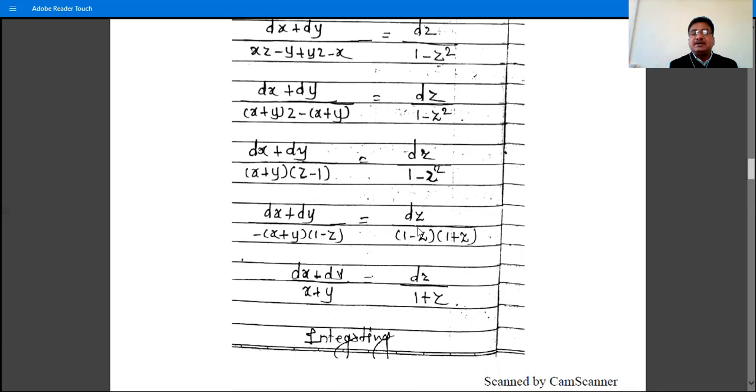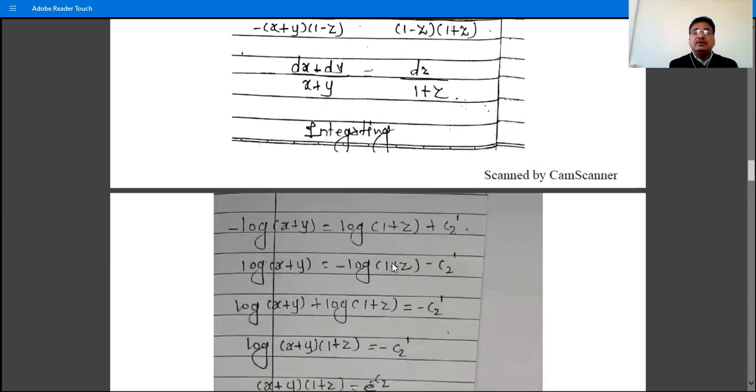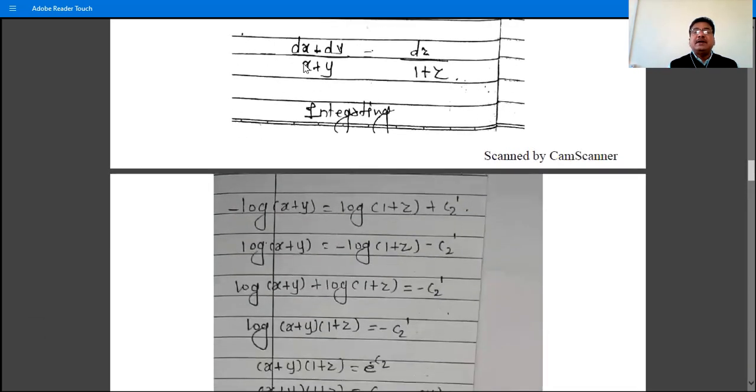So 1 - z gets cancelled on both sides, and so we have (dx + dy) divided by (x + y), and the minus sign is here, and dz divided by 1 + z. And if we observe, the derivative of x + y is dx + dy, and the derivative of 1 + z is dz. And so by using the rule f'(x) divided by f(x), the integration of f'(x) divided by f(x) is log f(x).